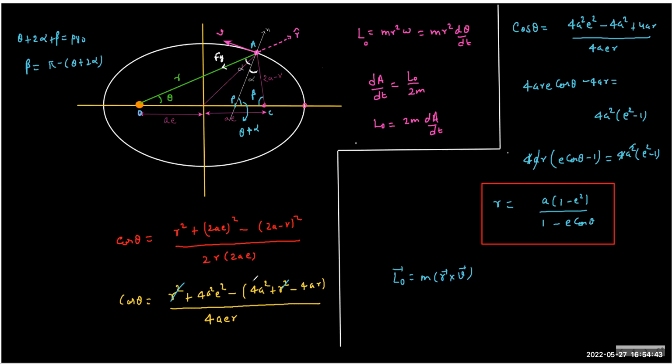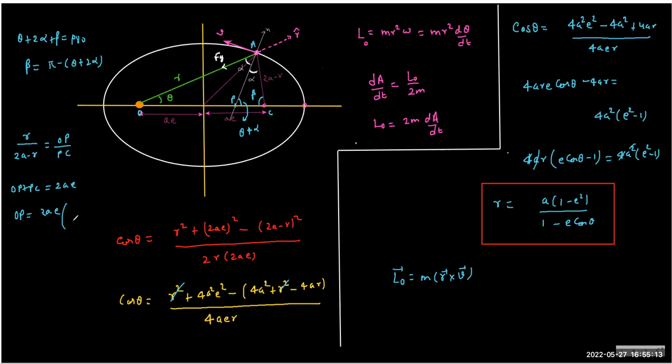So angle bisector theorem says that this ratio will be the same. So R upon 2A minus R will be equal to OP upon PC, right? And we know that OP plus PC is how much? It's equal to AE. And because we know the ratio, OP equals how much?